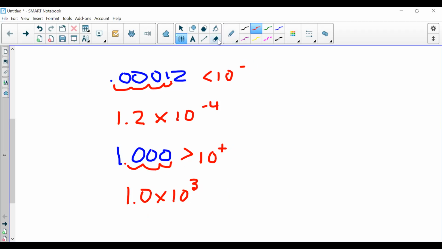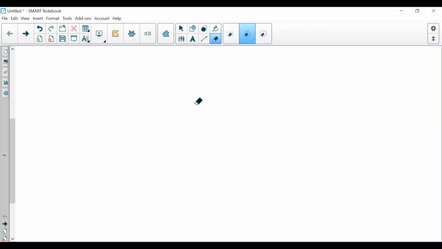All righty. So I'm going to erase these. We're going to try the ones that are going in the opposite direction, where you're given scientific notation, and then you have to expand it to the decimal form. So we've got 4.9 times 10 to the 2nd. Again, you're going to go in reverse.